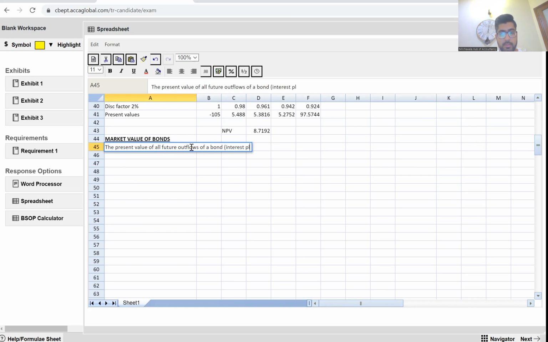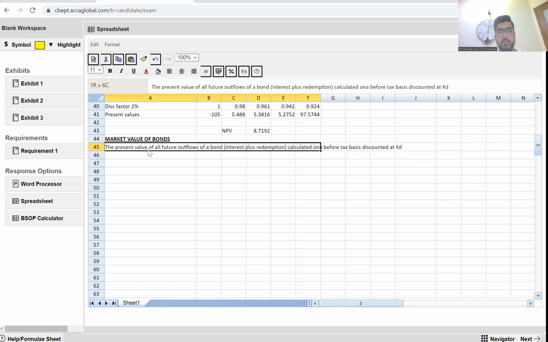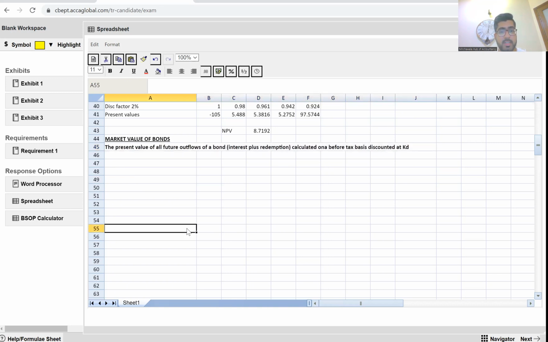Interest plus redemption, calculated on a before tax basis, discounted at KD. This is also a topic of WACC. The present value of all future outflows of a bond, interest and redemption discounted at KD, calculated on a before tax basis.